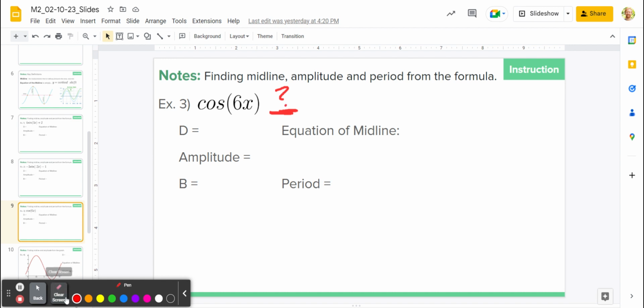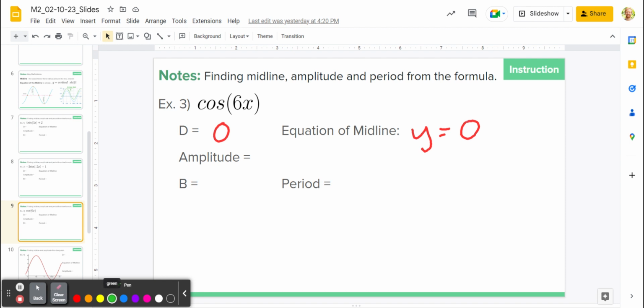In this case, since the d coefficient is added or subtracted, it's almost like we are adding or subtracting a 0 at the end of it, as opposed to adding or subtracting a 1, because adding or subtracting a 0 won't actually change the value when we evaluate it. So in this case, our d coefficient is equal to 0, and the equation of the midline is y equals 0.